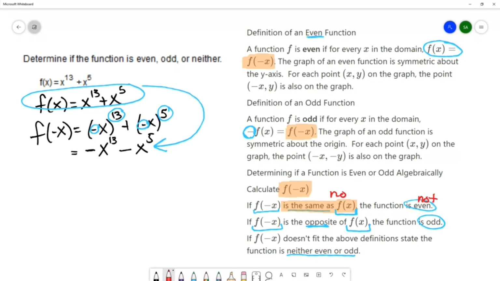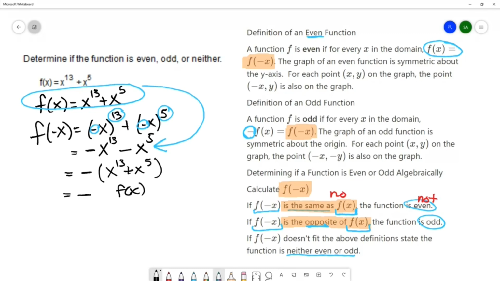And then we want to see, is it the opposite of f of x? If we factor out that negative, you can see that this is the opposite of f of x.